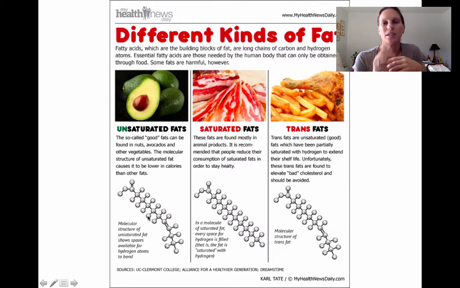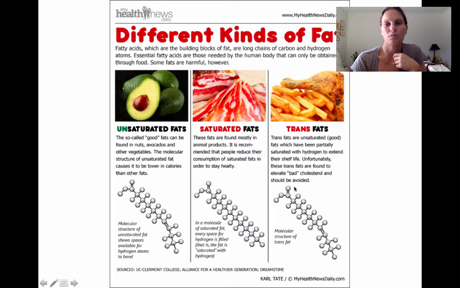So if you're cooking something at high temperature, a saturated fat is better, like a butter or a lard or something along those lines. Unsaturated fats tend to be a little less stable, and they're not as safe if you heat them up at really high temperatures. So they're more of our low temperature cooking oils. With the exception, I should say, of macadamia nut oil, which is an unsaturated fat, but that one you can kind of heat up and it seems to be okay.